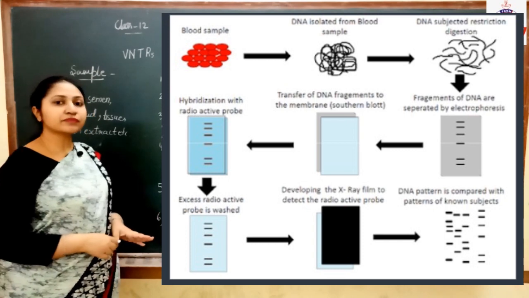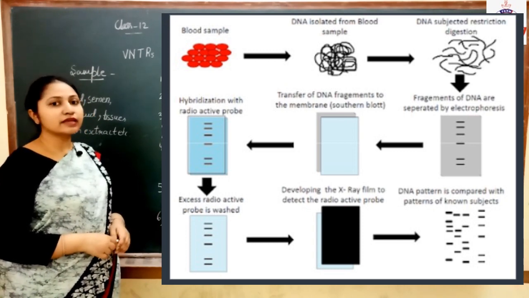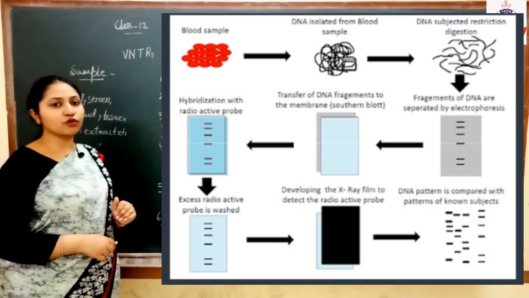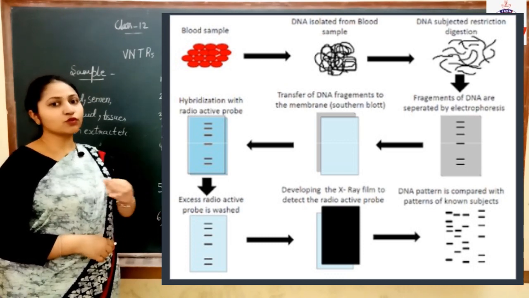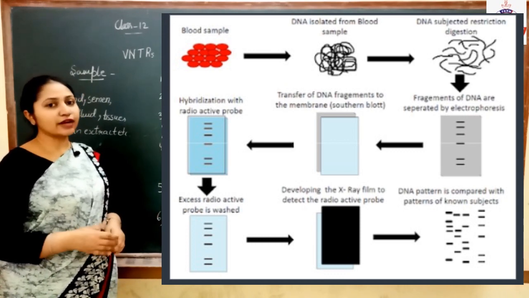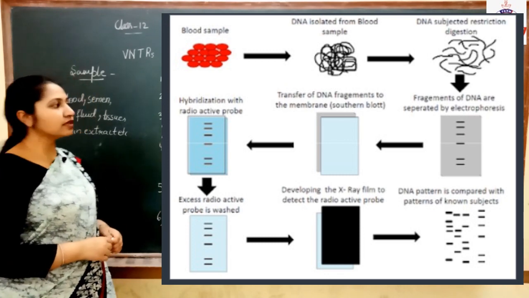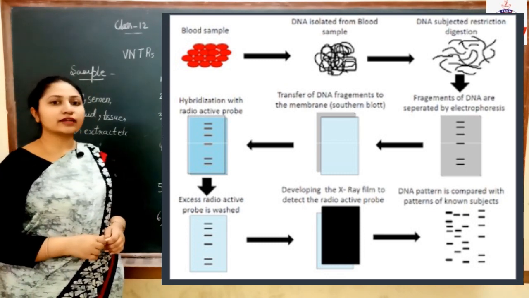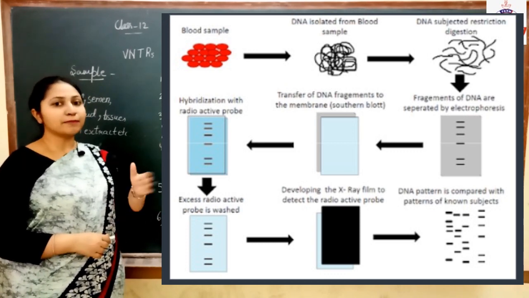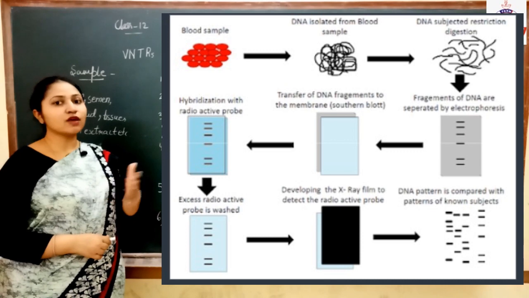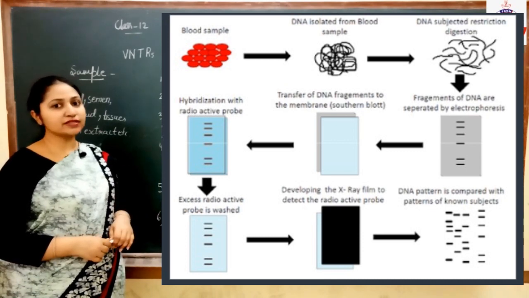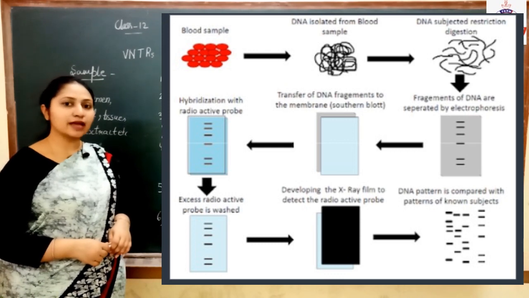Now next is Southern blotting. Southern blotting means that these DNA fragments produced over the gel electrophoresis are transferred over the nitrocellulose sheet, and this is known as Southern blotting. Then the radioactive DNA probes having the VNTRs make complementary base pairing with the VNTRs present in the DNA fragments that we produce from the sample.